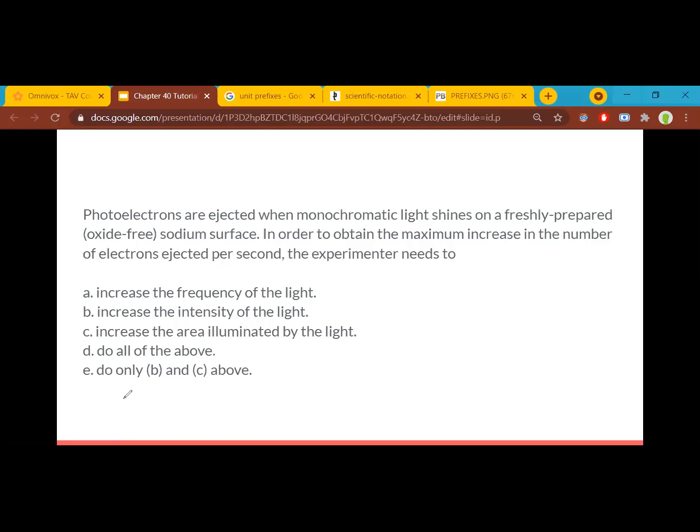So think about what can change the rate of interactions.